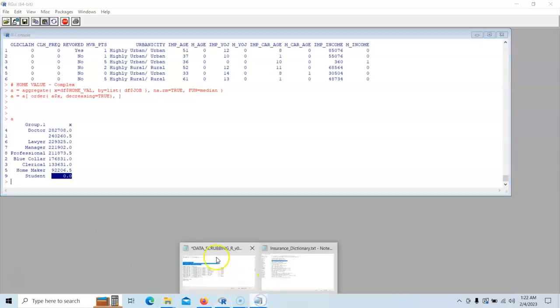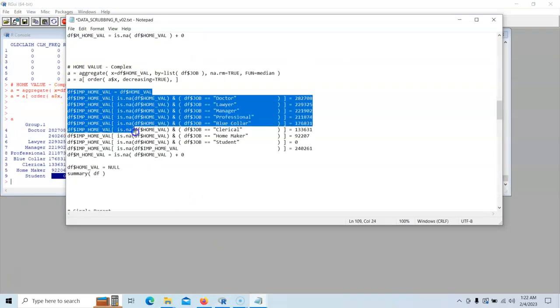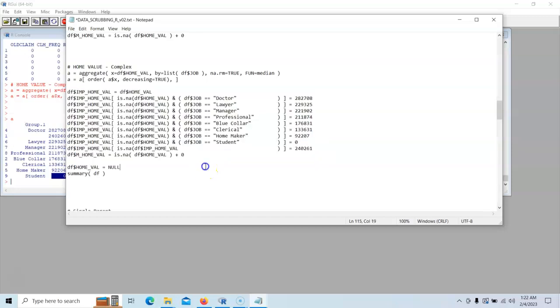So we could do the same thing right here. We could do the same thing by saying the value of the house is related to your job. And so we could do that. And then, of course, the last thing we do is get rid of that.